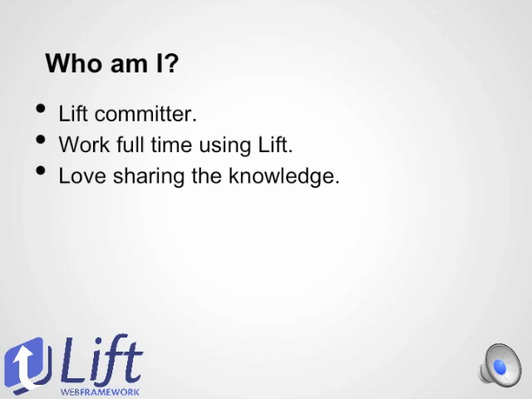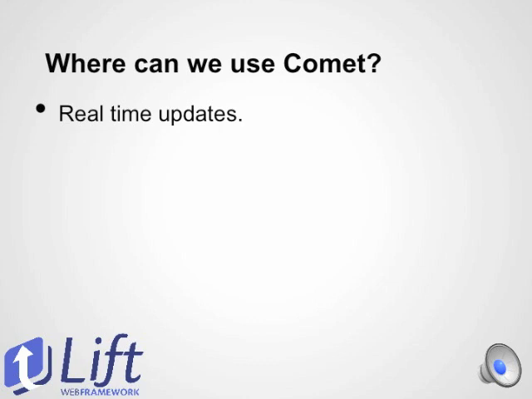Today I'll be covering Comet in Lift. So where can we use Comet? Comet is useful in many areas nowadays. Let's say that you want to implement a new social media website, the next Facebook. You can implement the timeline, or the wall as it used to be called, using Comet.